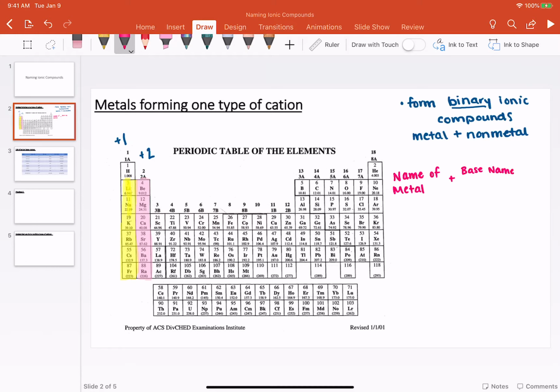We're going to talk in a moment about what the base name is. Some of you may be familiar with acids and bases. That's not what we're talking about here. When we're talking about the base name of nonmetals, we're talking about the root of that word. And then we add the suffix IDE at the end.